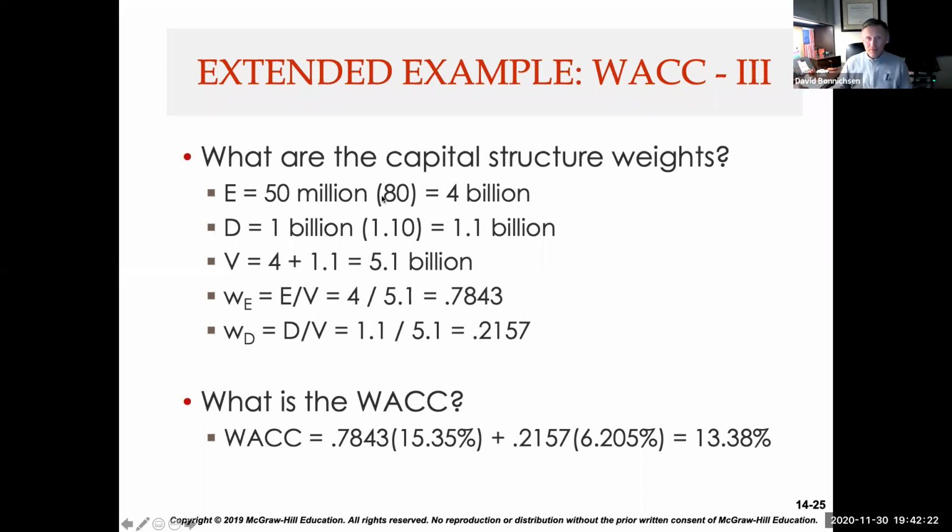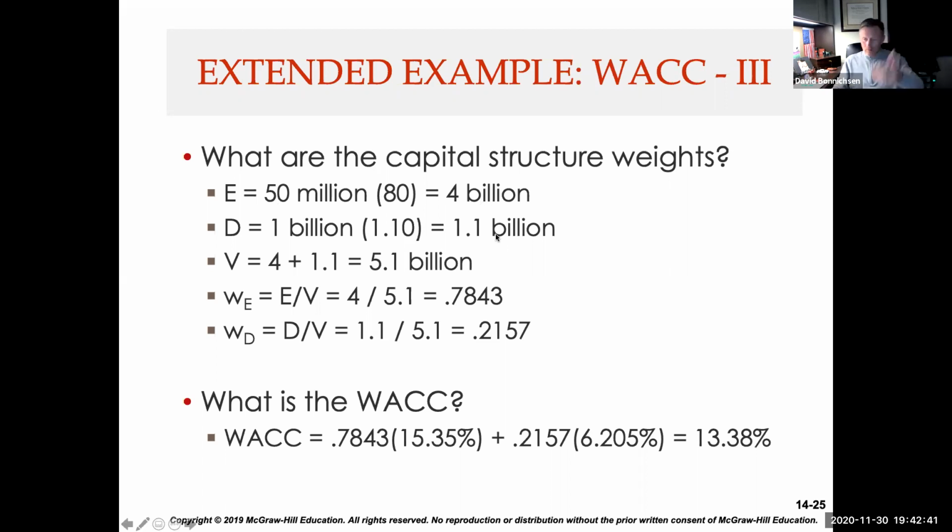That's what the 110 means. 100 would be at par; 110 means you're 10% above par. Therefore, you have $1 billion of bonds outstanding at 10% above par, so the market value of your bonds is 1.1 billion.